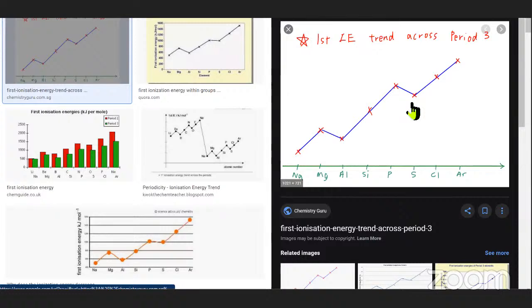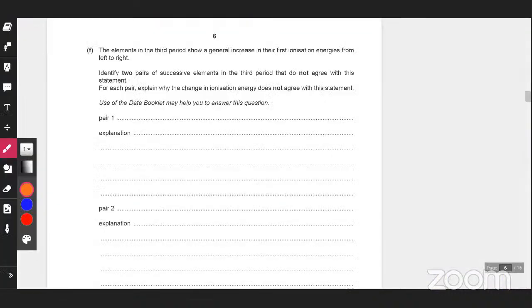Why does that happen? The first thing is, why is there a general increase across the period? And why do the ionization energies keep on increasing across the period? The reason is that when you move across the period, protons keep on increasing, so there's more nuclear charge.